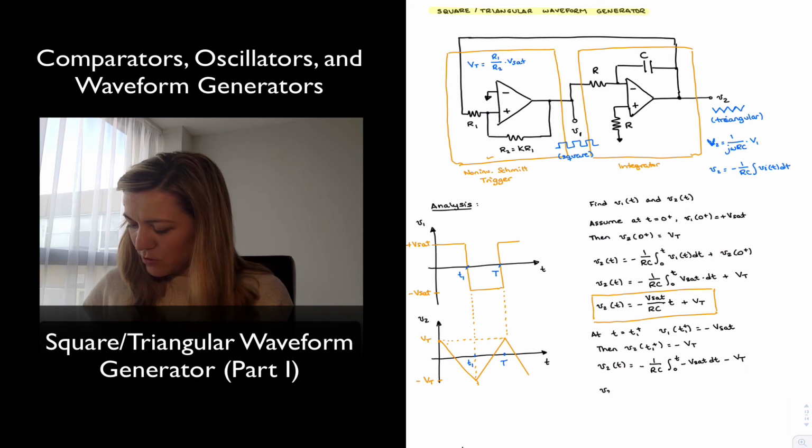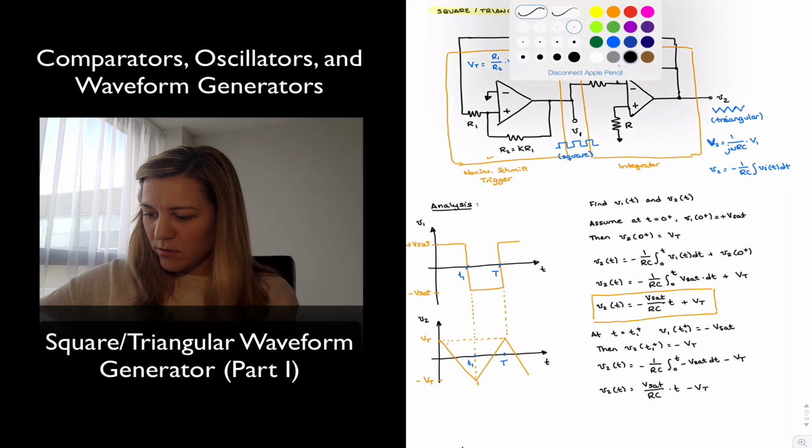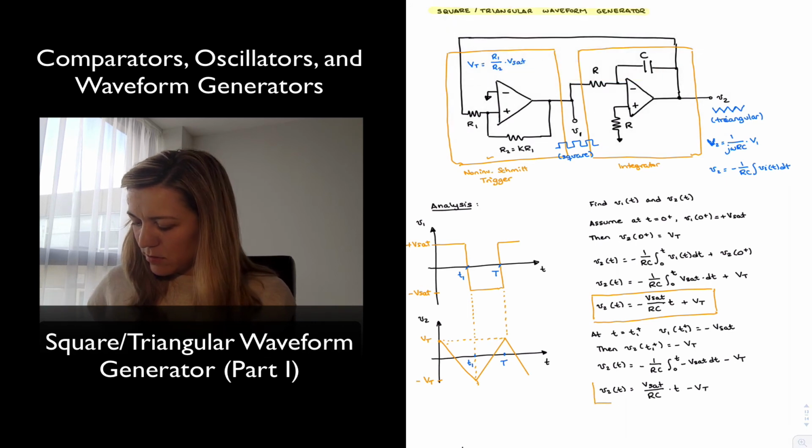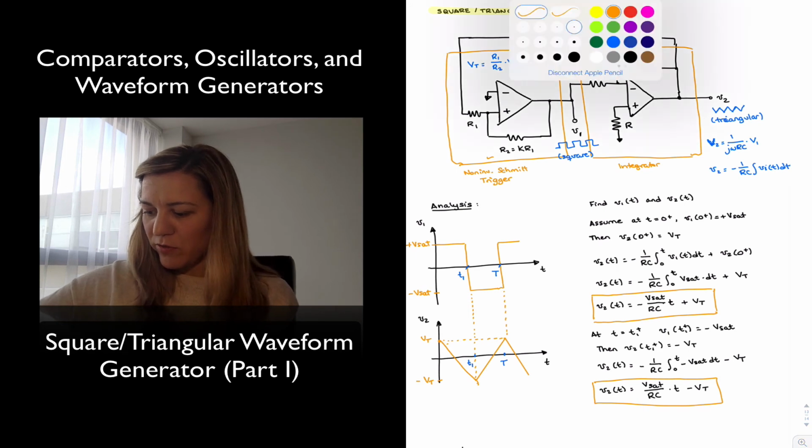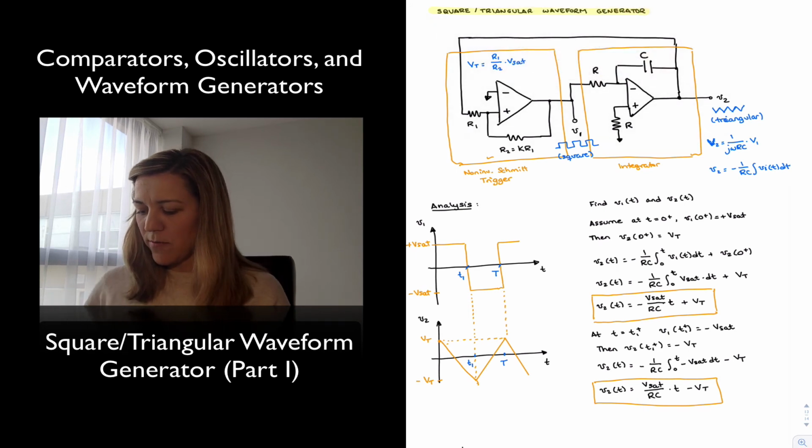So we can see that V2 of t now is going to be equal to positive Vsat over RC times t minus Vt. So almost the complement of the previous function.